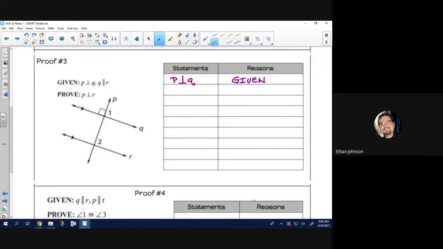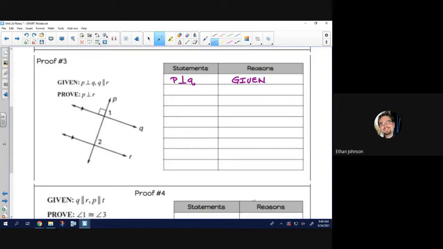So remember that upside down capital T means perpendicular. So we're going to look at our first given. Do we have a vocab word? Oh, actually, yeah, perpendicular. Well, we need to remember what perpendicular means. Perpendicular means two lines or line segments that intersect each other and make a right angle.